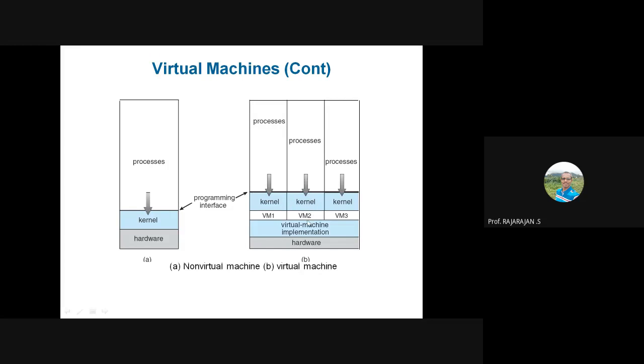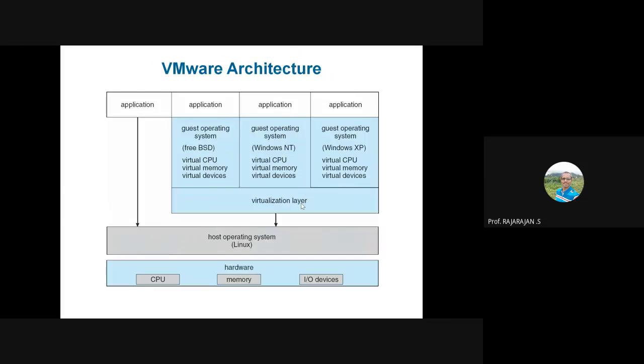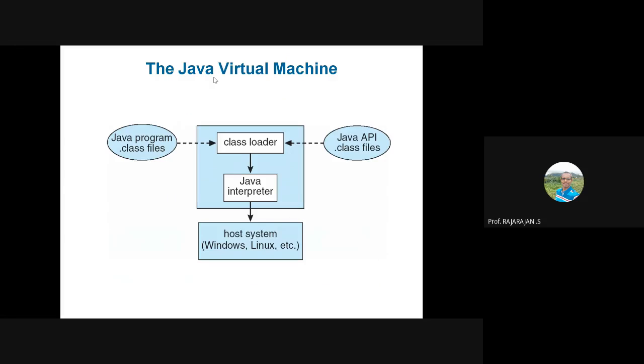So this is a major advantage which saves a lot of money for the company. VMware is a very popular virtualization tool. Java virtual machine is also based on the same principle.